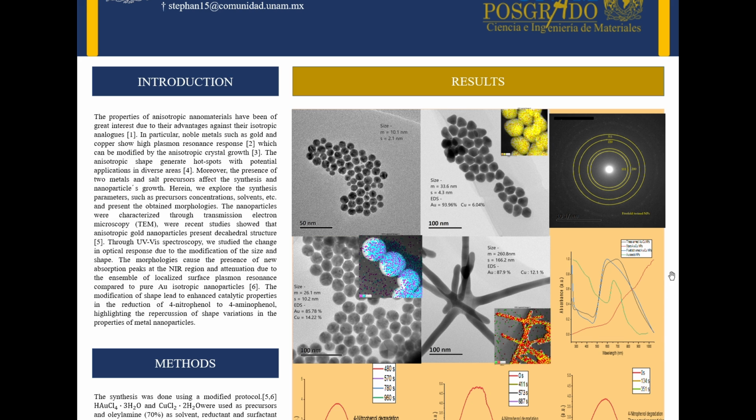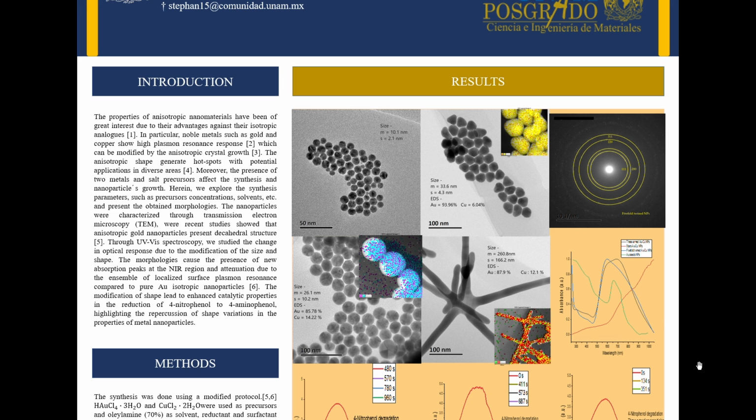In this image, we show the ultraviolet-visible spectroscopy response. The nanostars show a high response in the near-infrared region. Meanwhile, the gold seeds show a common gold nanoparticle response near 520 nanometers of absorbance.